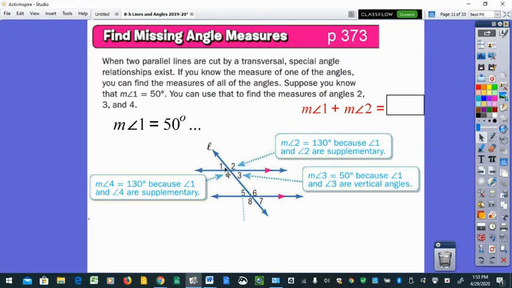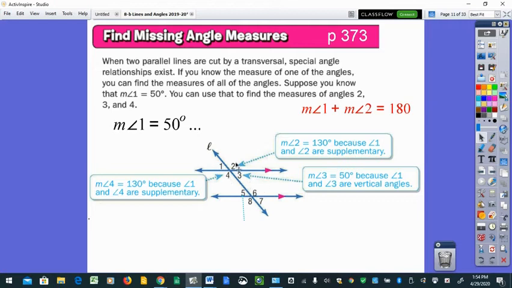There are a lot of different ways to look at this. But angle 1 and angle 2 form the straight angle that we talked about in our last review of 7th grade. They are supplementary. They add to 180 degrees.